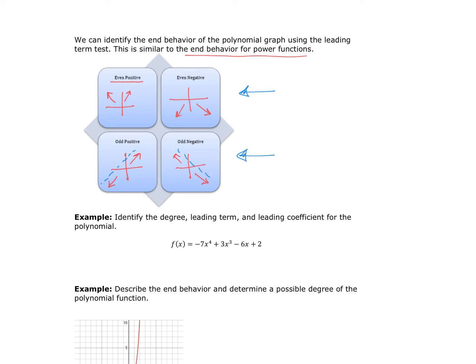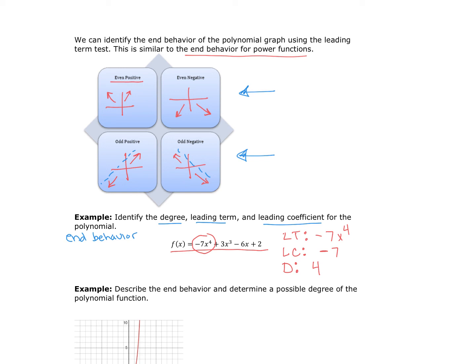So let's take a look. We want to identify the degree, the lead term, the leading coefficient, and more importantly, the end behavior. It's in descending order, and so our leading term is minus 7x to the 4th. Our lead coefficient is negative 7, and our degree is 4.